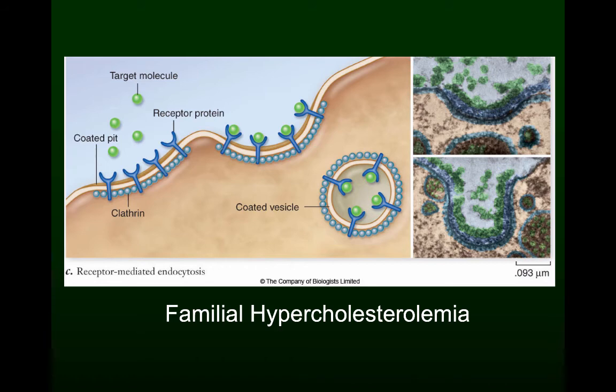It's kind of a mouthful, but familial hypercholesterolemia is a situation where somebody inherits two versions of a gene, one from each parent, that end up producing a faulty protein receptor on the outside of the cell. So even though they've got receptors for cholesterol, if the receptor is the wrong shape, it can't capture the cholesterol, cannot bring it into the cell, and so the cholesterol stays in the blood where, like we said before, you really don't want it to be.